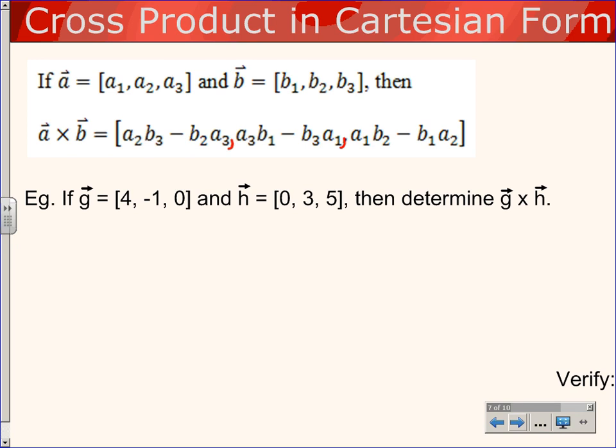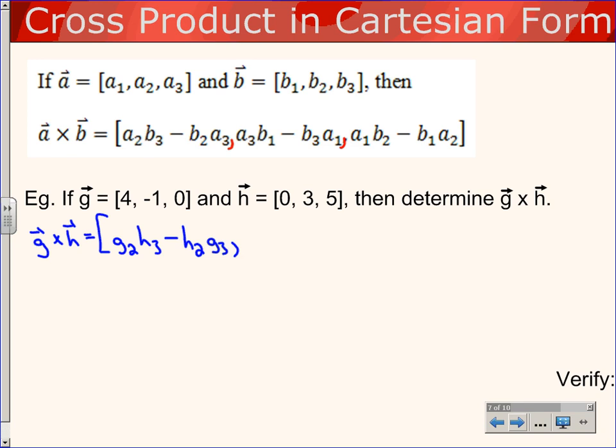So we are going to try and calculate G cross H. I'm going to write it all out. This is what it should look like. G cross H is, and I'm just basing this on the formula that we see above. It's G2 times H3 minus H2 G3. Right? That's our first component.